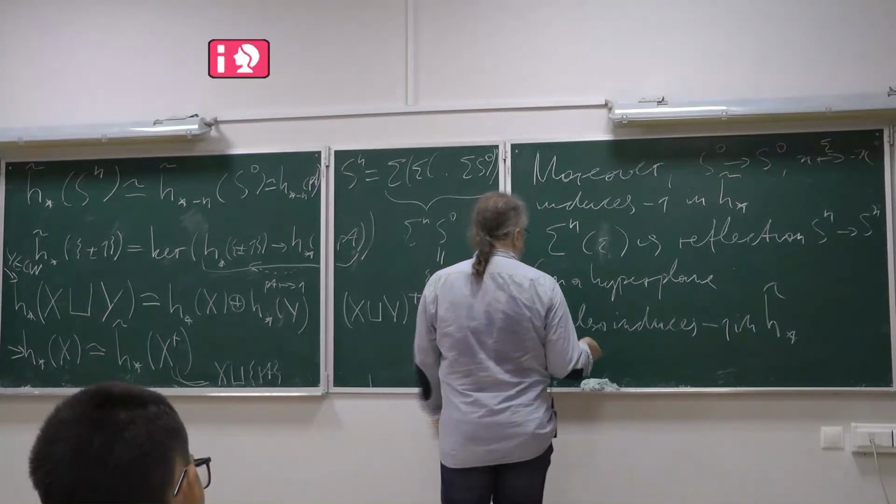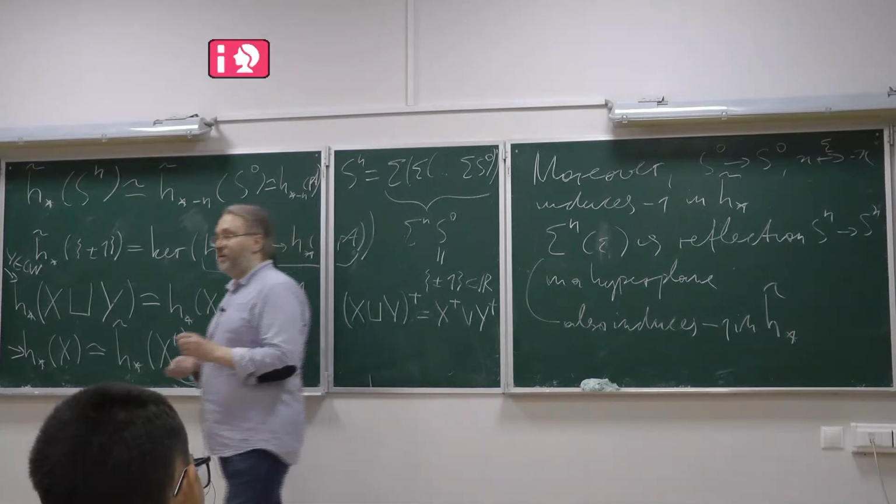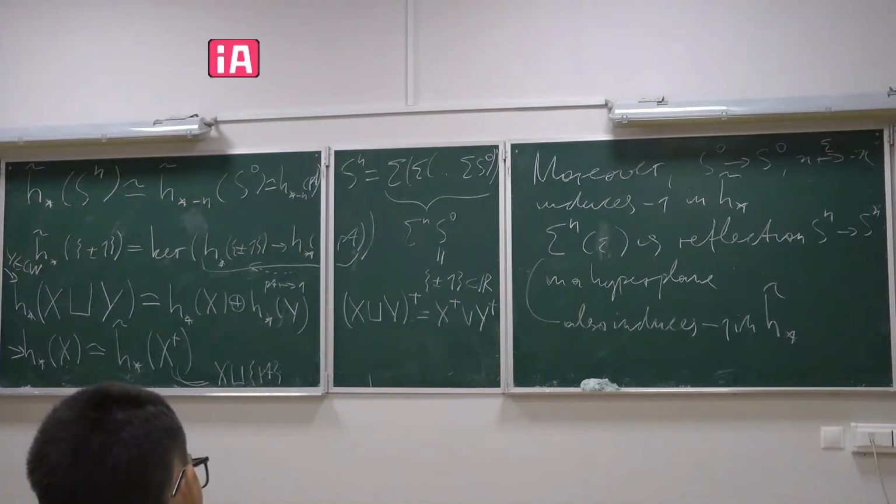So the n-fold suspension also induces -1 in reduced homology.